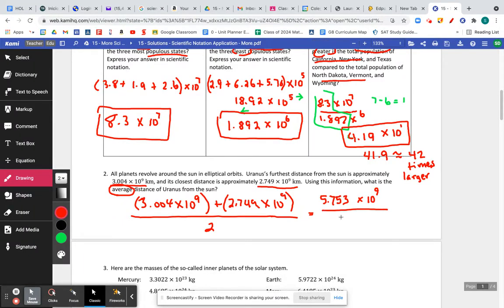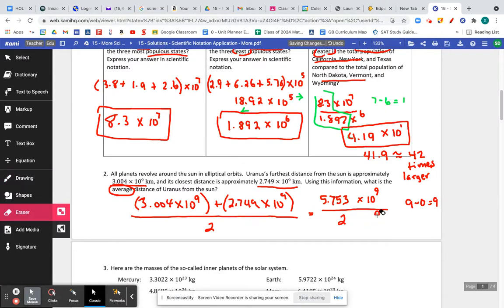Okay, and we want to divide that by 2. Now we can think of that as 2 times 10 to the 0, because 10 to the 0 just means 1. That means 2 times 1, which is still 2. That would allow us to do the top minus the bottom, 9 minus 0. So our power is going to still be a 9. Or you don't have to think of it like that.